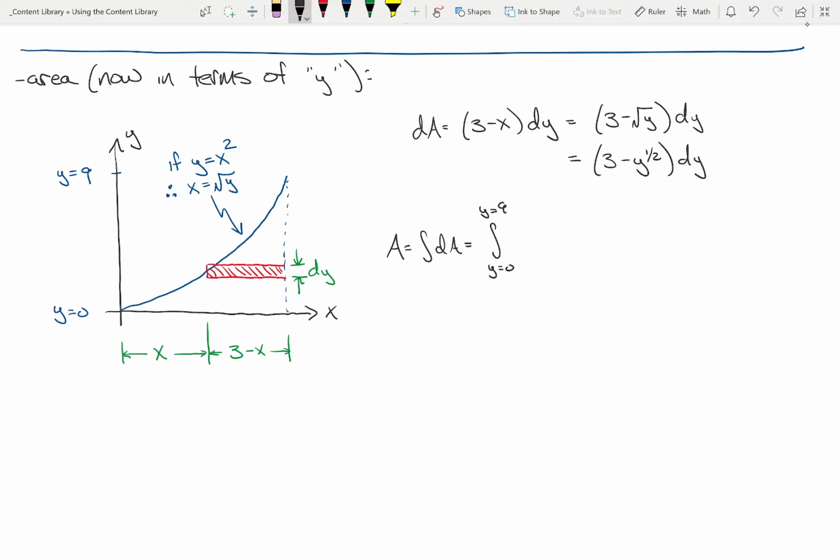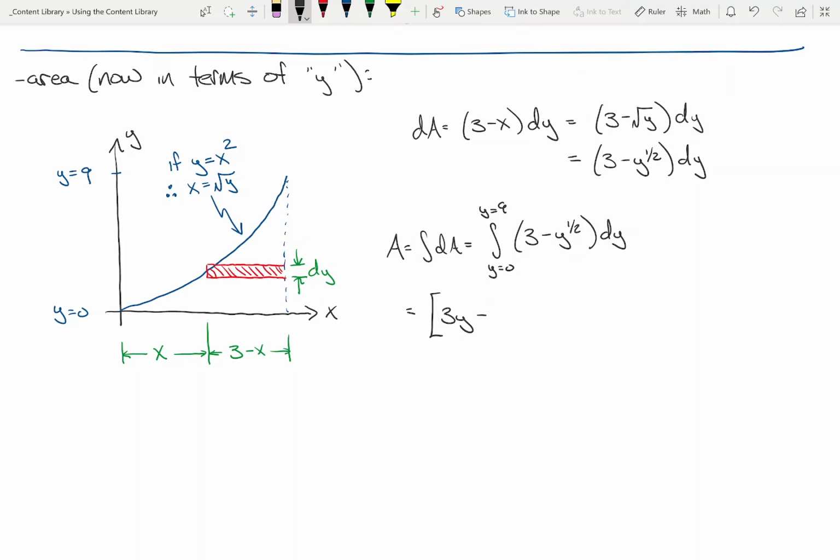Now I've got the y equals because now we're integrating in terms of y. Doesn't that work, or will it work? Well, let's see. What is the integral of 3 going to be? 3y. Minus, what about the integral of y to the 1/2?